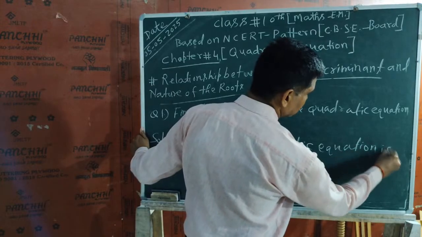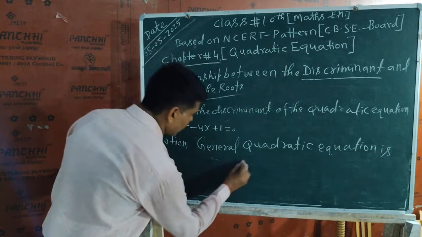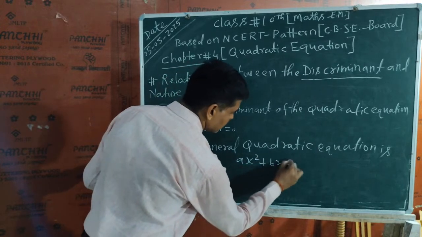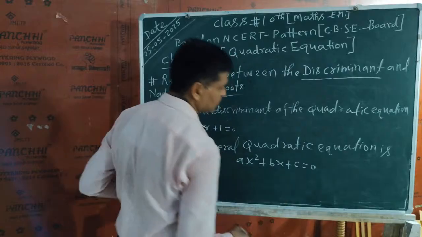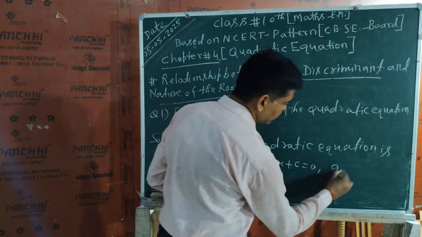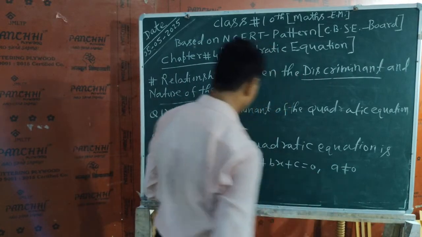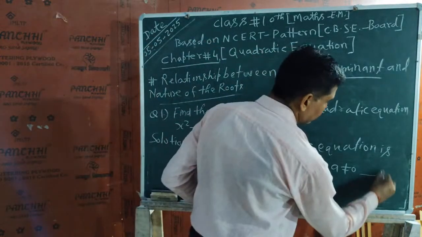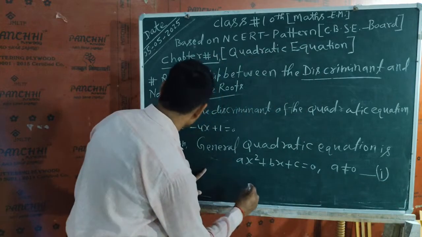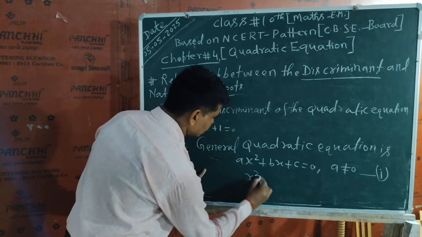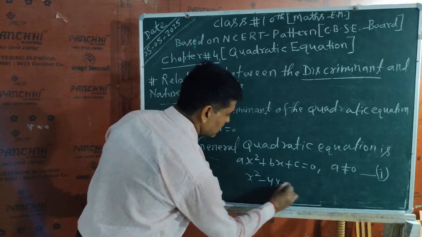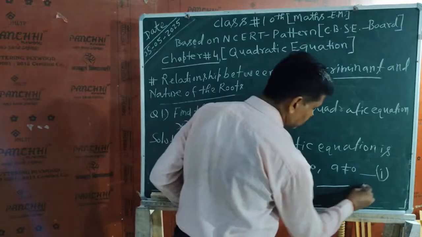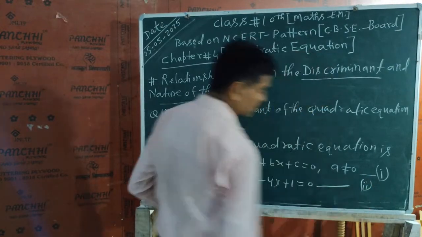The general quadratic equation is ax square plus bx plus c equal to 0, and a is not equal to 0. This condition I have to write. I will call this quadratic equation number 1. The given quadratic equation is x square minus 4x plus 1, which is equation number 2.